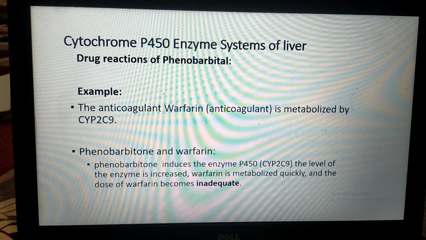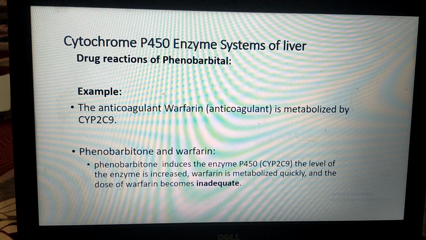So what will happen? This phenobarbital will stimulate the enzyme CYP2C9. It is a cytochrome P450 enzyme, and this enzyme is responsible for metabolism of warfarin.